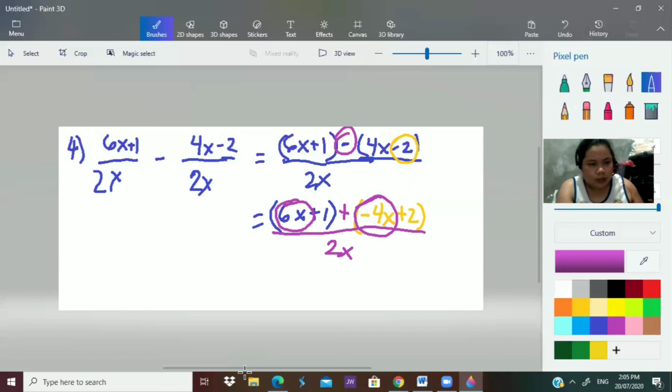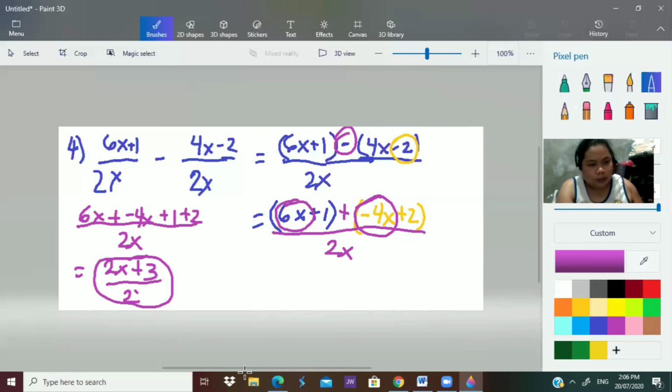Meron tayong 6x plus negative 4x plus 1 plus 2. Okay, kasi positive 2 yan. All over 2x. So you have now, 6 plus negative 4 is 2x plus 3 over 2x. So this would be the final answer.